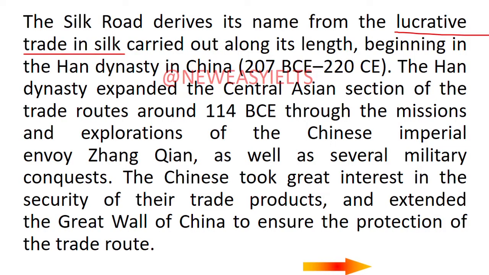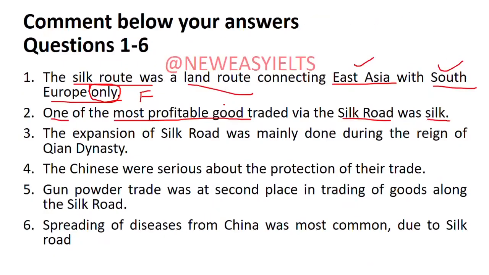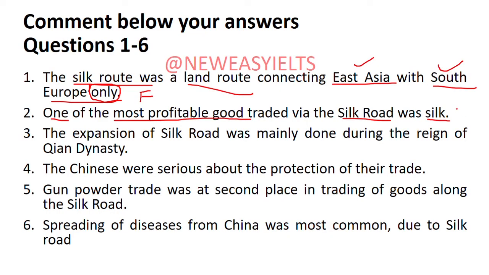Lucrative actually means profitable. The Silk Road derives its name from the lucrative, meaning profitable, trade in silk. So we got the word profitable. And in the question we have: one of the most profitable goods traded via the Silk Road was silk. So the answer becomes true.